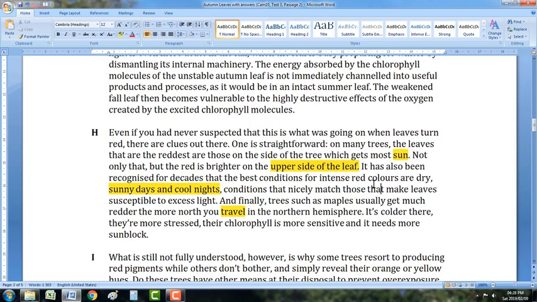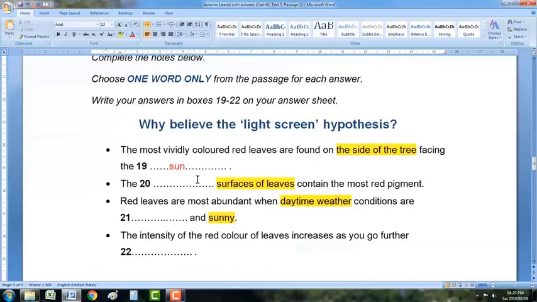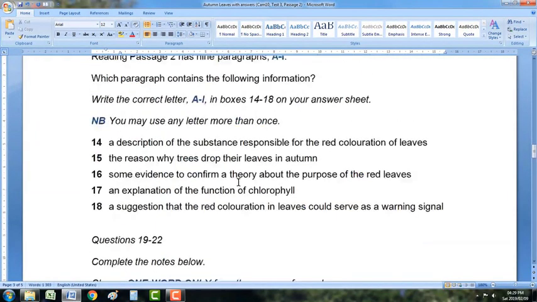Now I don't really like what they've done here. You see the answer is sun. It's the side of the tree which faces the sun, so it's the side of the tree which gets most sun. So our answer is sun over there, but I'll tell you why I don't like it, because we were possibly looking for a 'the' somewhere.